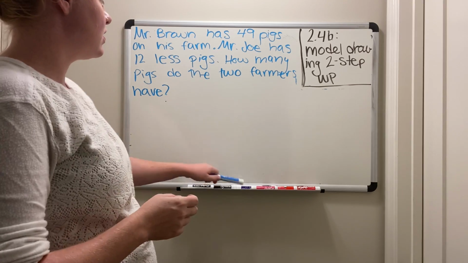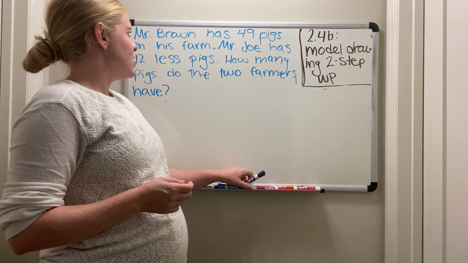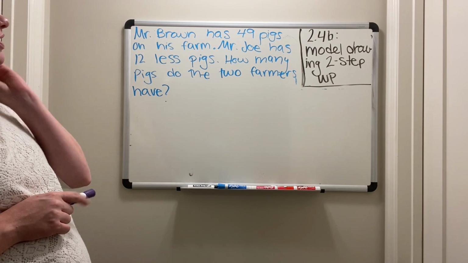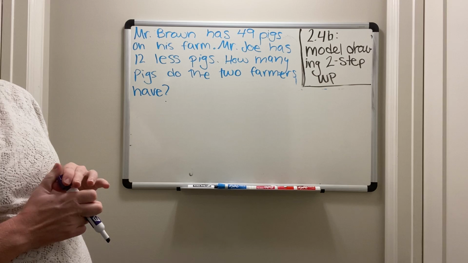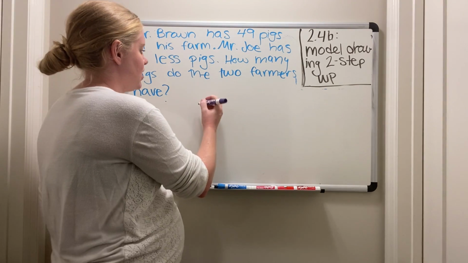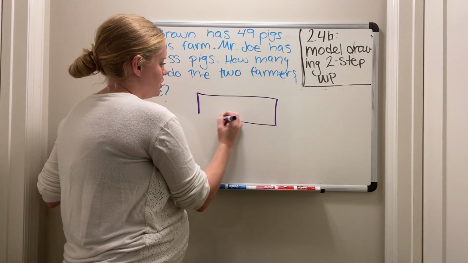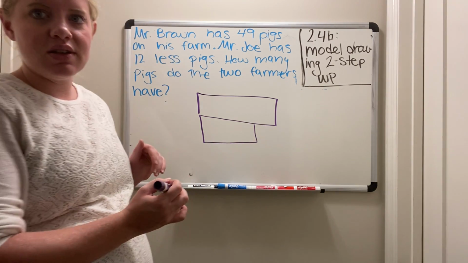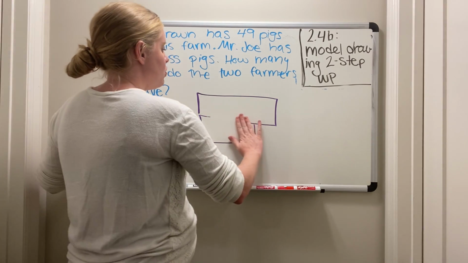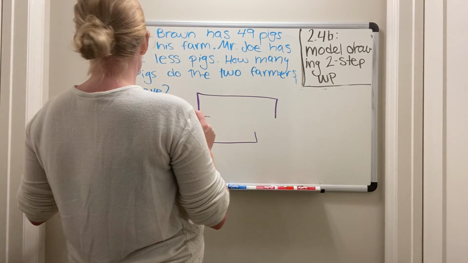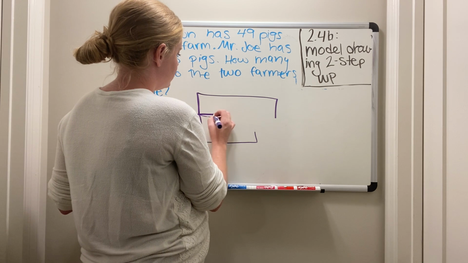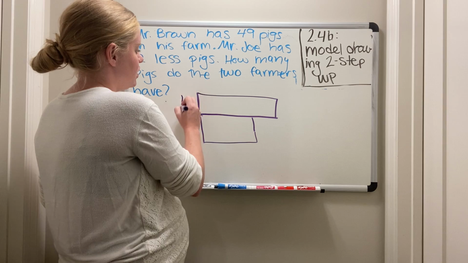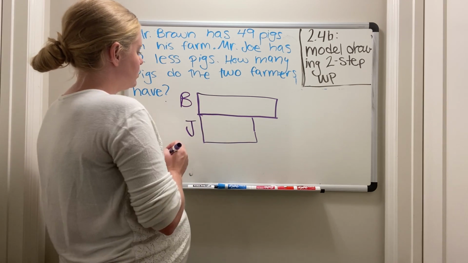All right, scholars. Mr. Brown has 49 pigs on his farm. Mr. Joe has 12 less pigs. How many pigs do the two farmers have? So, like I said, we're doing comparison models today. I'm always so lopsided. That's okay. I try my best. Who has more, Mr. Brown or Mr. Joe? That's right. I'm going to put B for Brown, J for Joe.